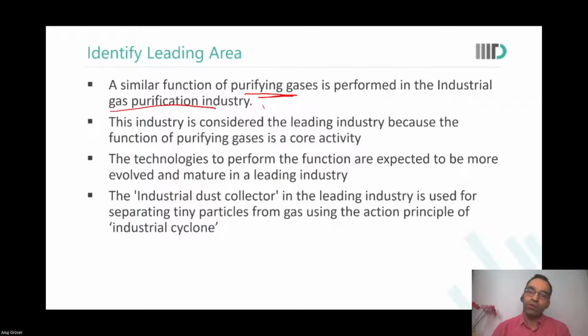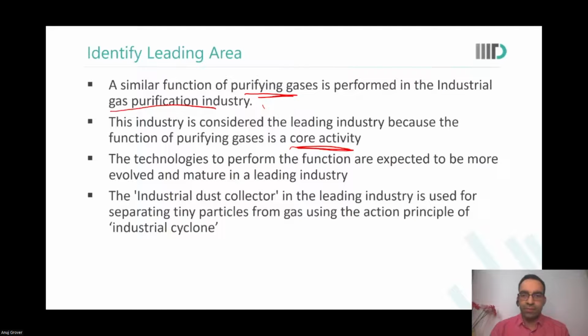Now, if you do not remove all the particulates from that gas, do you think an industrial gas purification factory would be able to sell anything? No. So their survival depends on removing that dust or removing other particulate material from the gas. So it is their core activity. Without this activity, this industry would not survive.